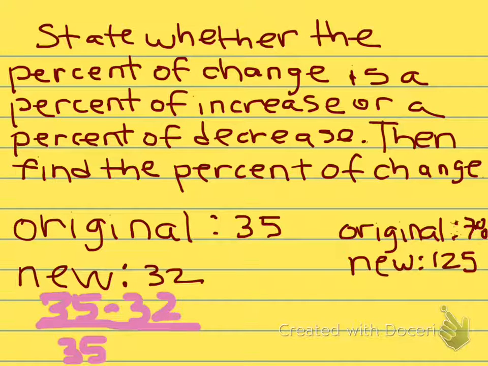So if I were to solve, I would have 3 over 35, but my answer needs to be written as a percent. So I would need to change 3 over 35 into a decimal by doing 3 divided by 35, and that gives me about 0.0857.